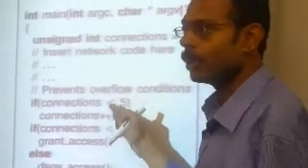So someone can keep on generating connection requests. Once it reaches 5, it's not going to get incremented because 5 less than 5 will always be false, right? So it's not going to increment connections beyond 5. Okay? So that's how it fixes the problem.